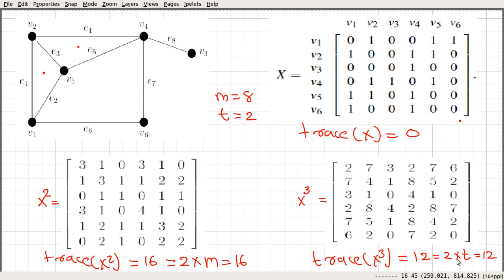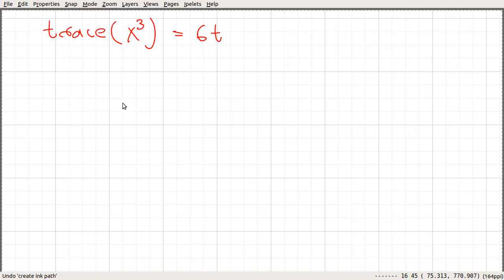That 12 is, sorry, not 2 times, it is 6 times the number of triangles. The number of triangles is 2, so 6 times 2 is 12. So we saw that it holds for this undirected graph. Let's go and prove the statement.